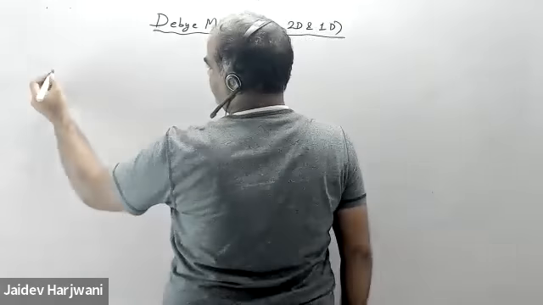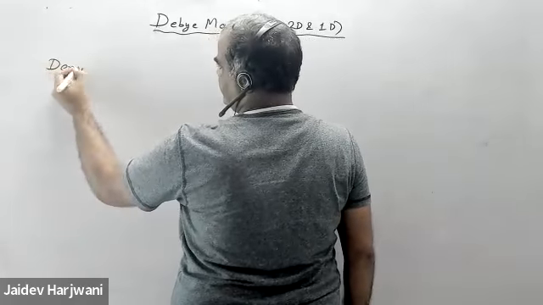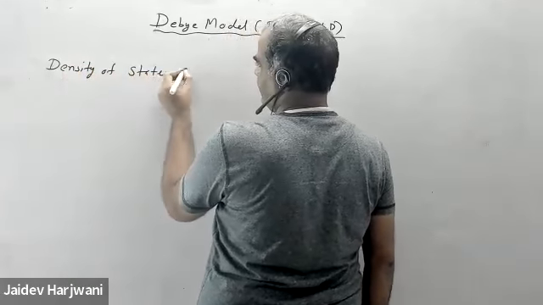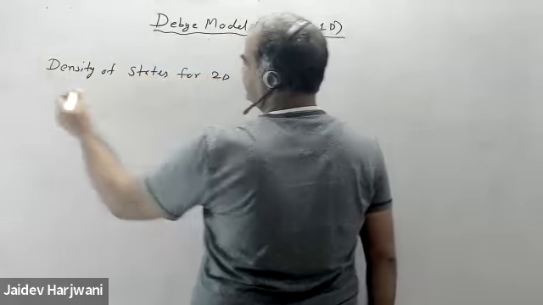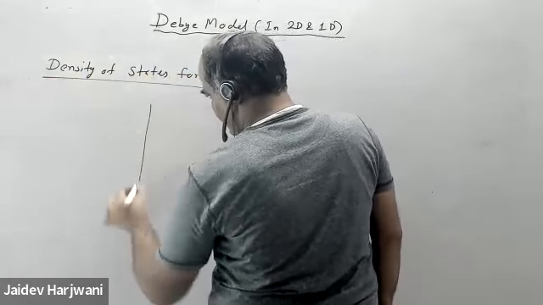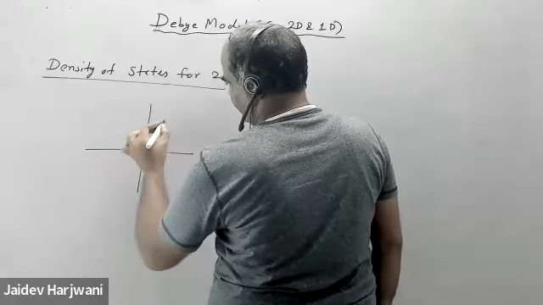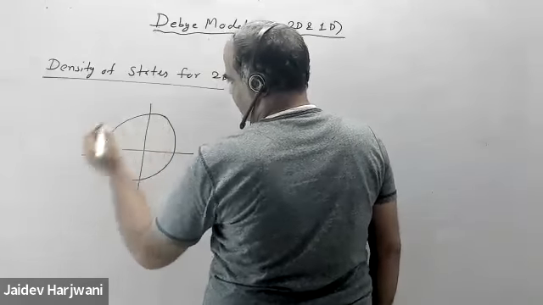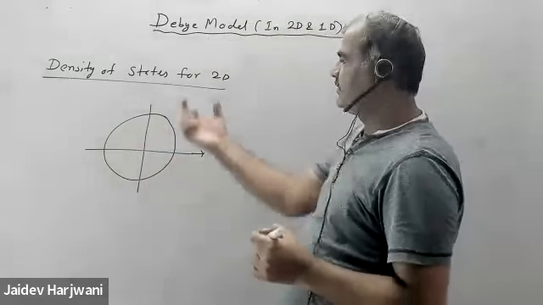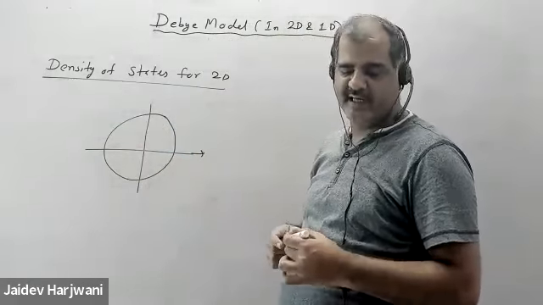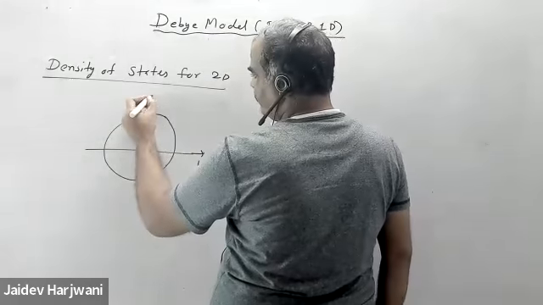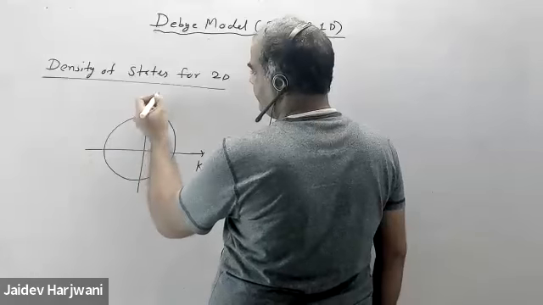Density of states for 2D. So we know the density of states in 2D. How can we write it? I want it in K space. We do the calculation of density of states generally in K space, and we know the K space for 2D is a circle.